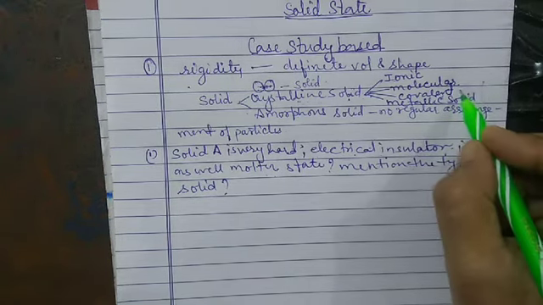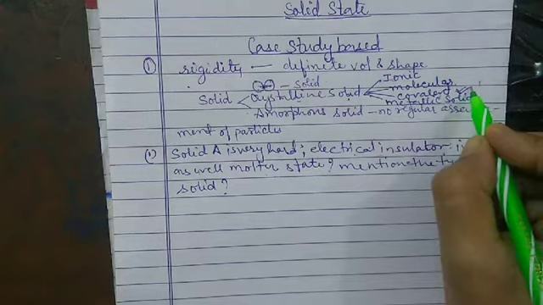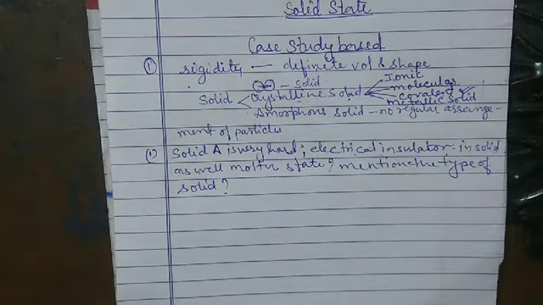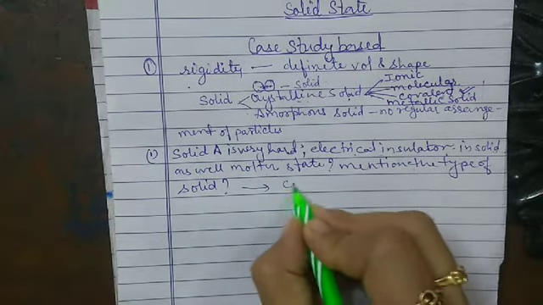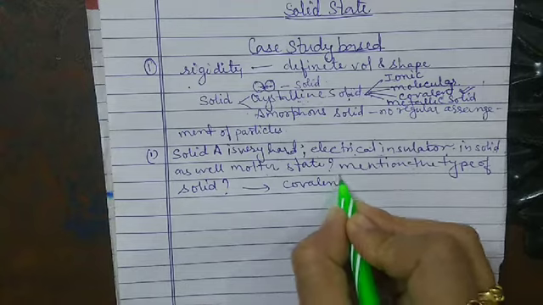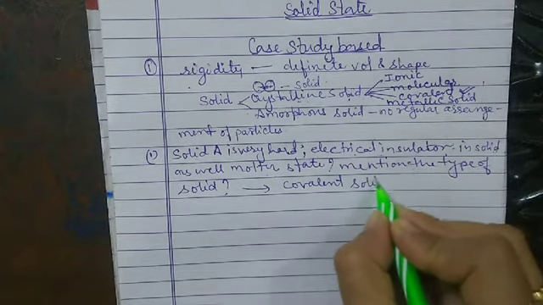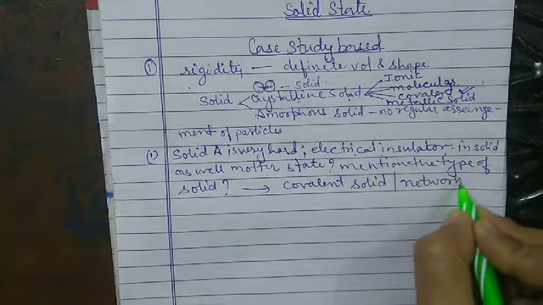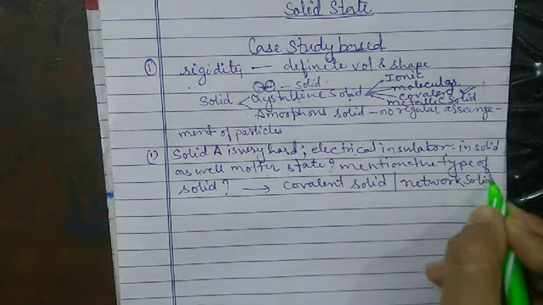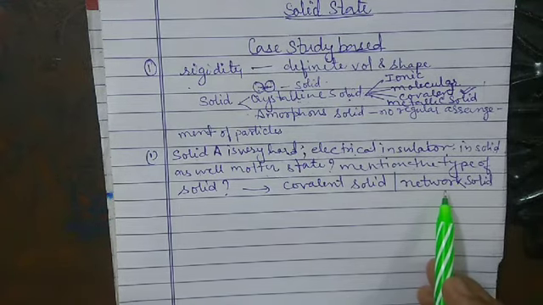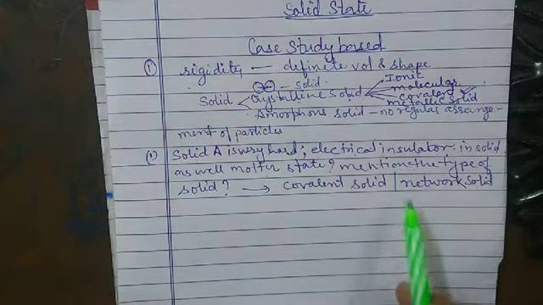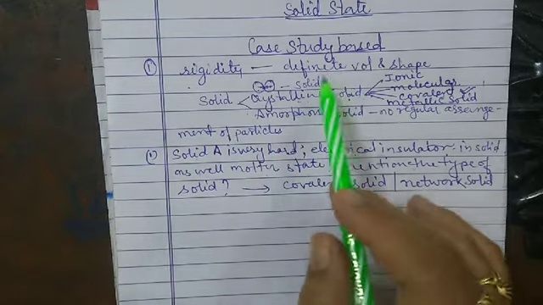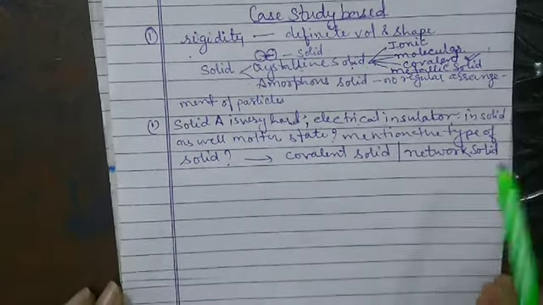So the answer will be covalent solid. And the covalent solids are also known as network solids. So this is the first question based on this case study.